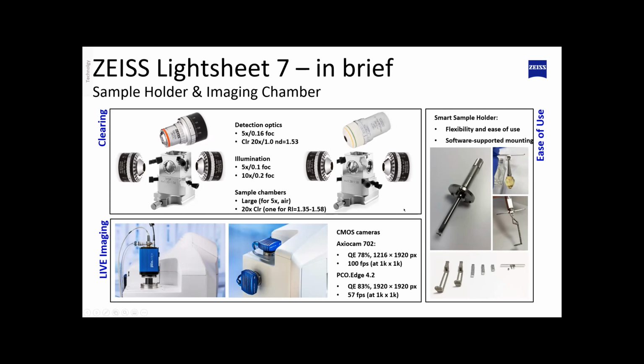On the right-hand side are the sundry little holders and all the bolts and pieces that allow you to lower your specimen into the chamber in various ways. There are some magnetic setups, some that require gluing, and some where you can put the specimen on a little plate. Again, this is simply for bringing your cleared specimen into the chamber and keeping it there stably.